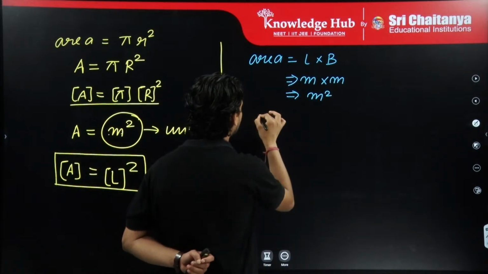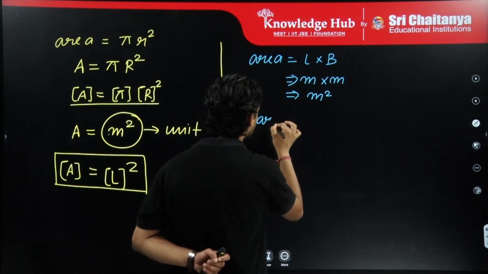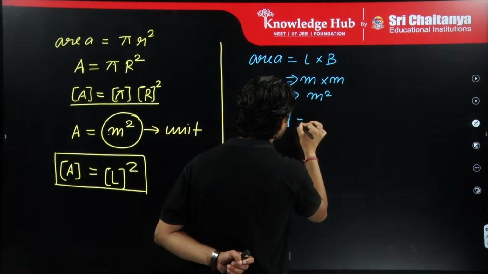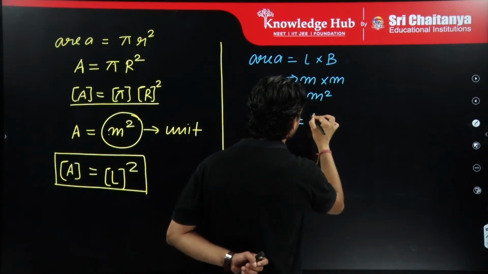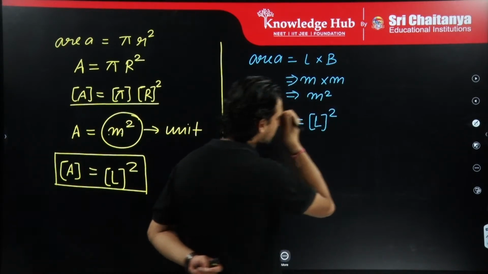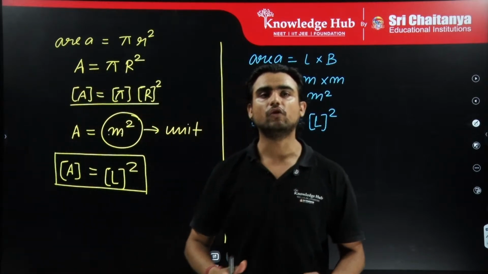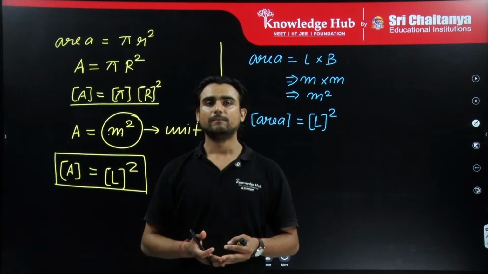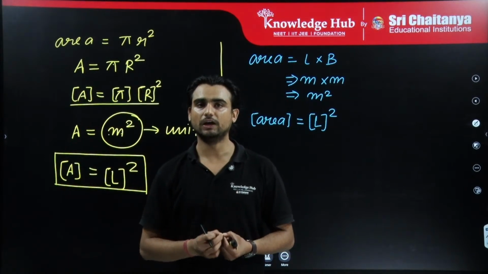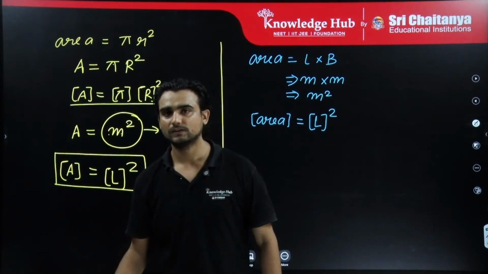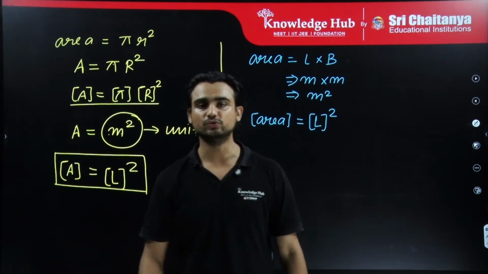Correct? So the dimension for my area is meter is L, raised to 2. What do you understand by this? Whatever formula you use, my dimensional formula will come out the same. It is independent of the formula you use.